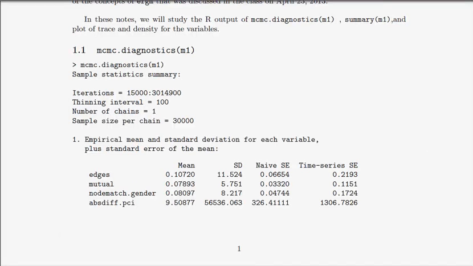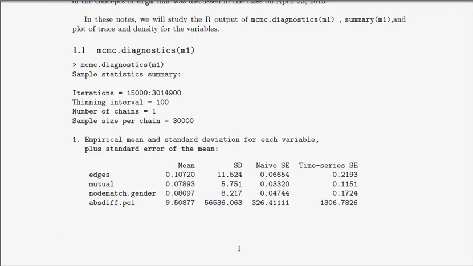Remember, in our model, the independent variables were edges, mutual ties, the gender, and the per capita income. These were the four variables, and these are the mean, standard deviation, naive standard error, and time series standard error.